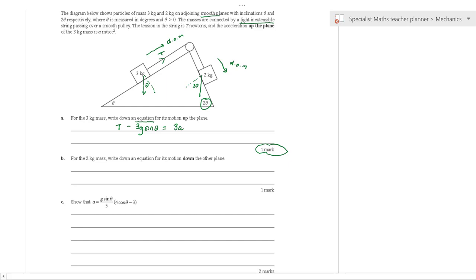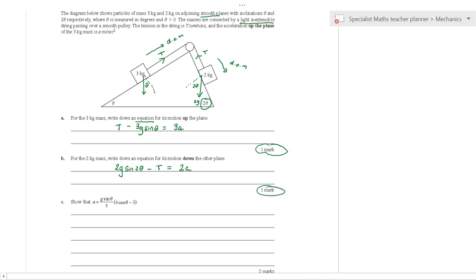So we're going to say that 2g is the weight force, but 2g sine of 2 theta minus T, like so, is equal to what? I want you to think about it. Have a bit of a think about it before I do it. That's right. It's 2a, because mass times acceleration.